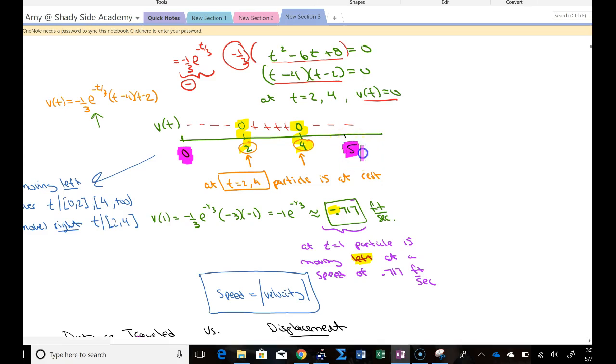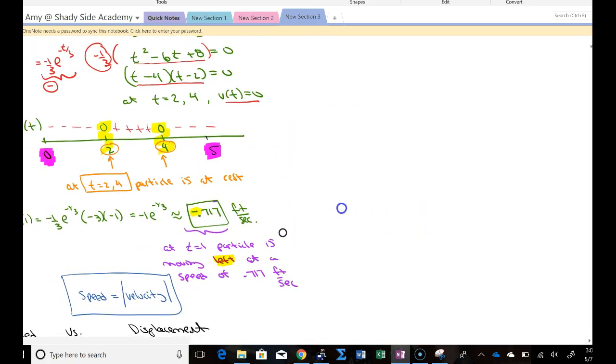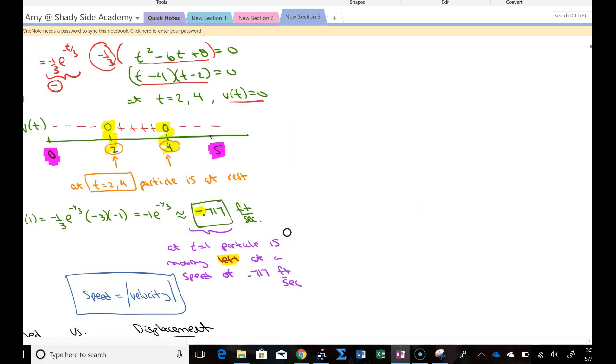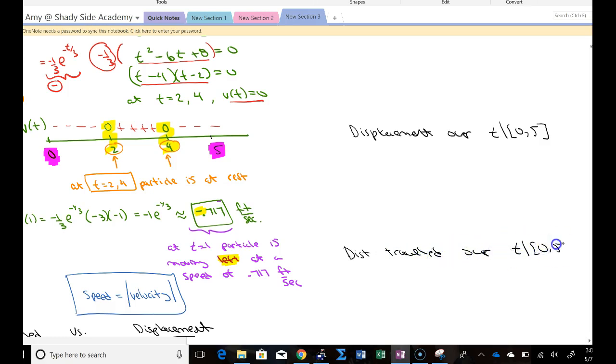Let's go up a notch and find this particle's displacement over the interval of time from 0 to 5, and also the distance traveled over the interval of time from 0 to 5.